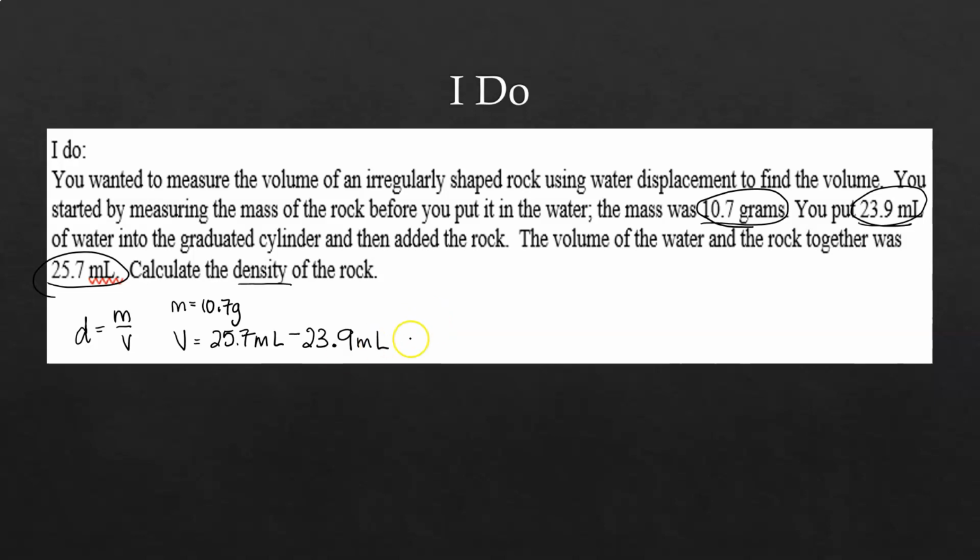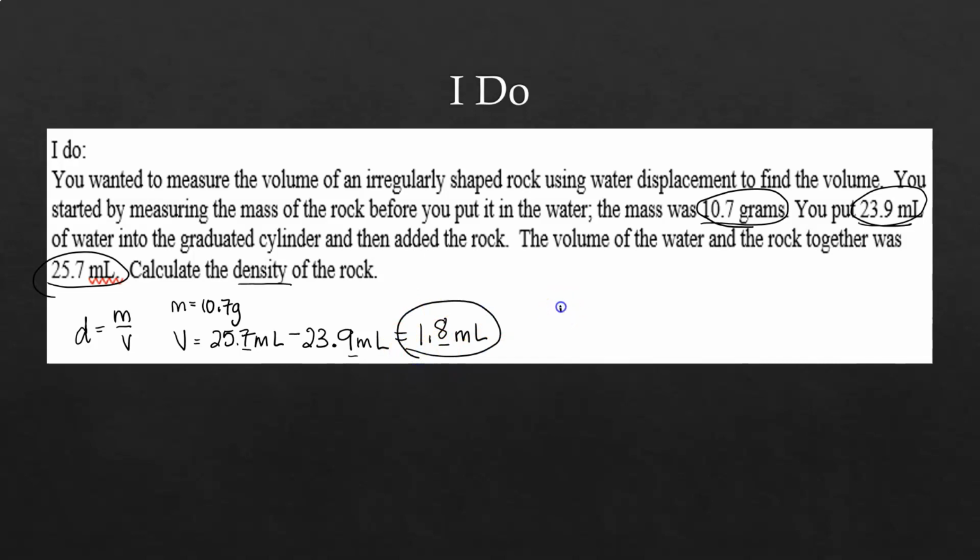So then now we would do our math, and 25.7 minus 23.9 is 1.8 milliliters. Tenths place is recorded for both volume measurements, so that is an acceptable significant figure there.